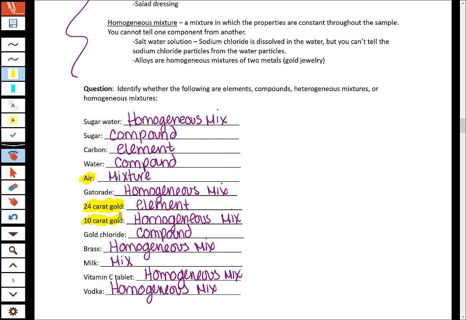And what they do to make things like 10 or 14 karat gold is they mix gold with some other metal that is harder, right? It's less malleable. And that way your jewelry doesn't bend. Because really none of us have 24 karat gold jewelry. That'd be really dumb. It would bend out of shape with no effort at all, and then we would be sad.